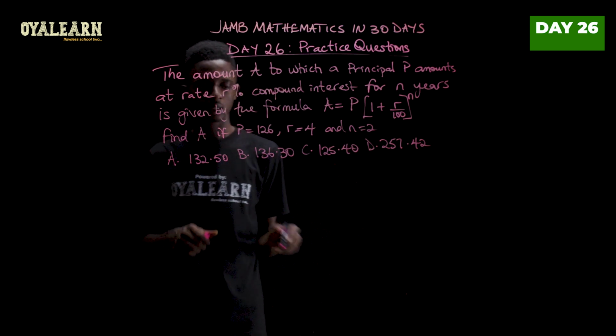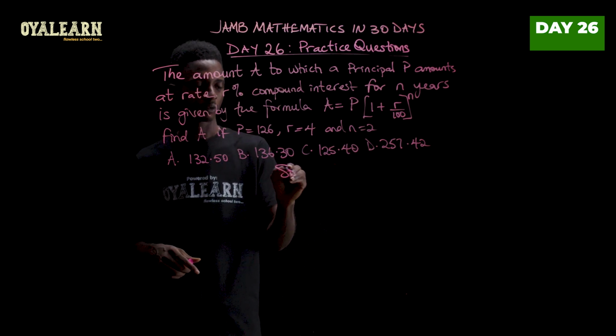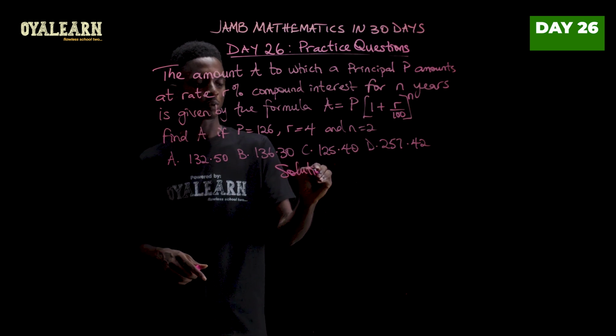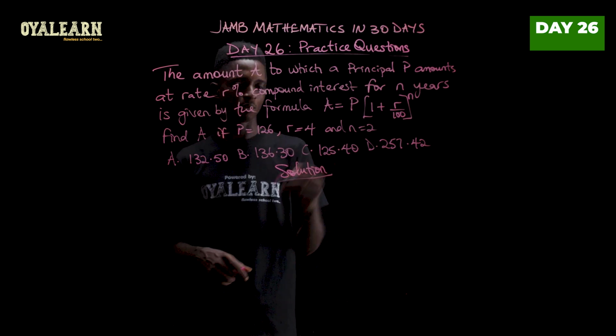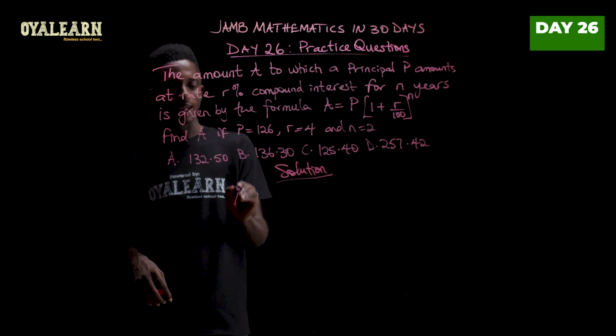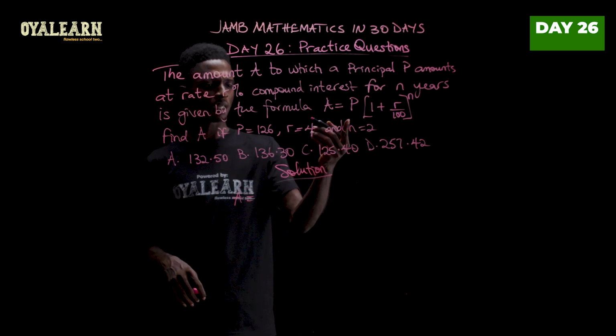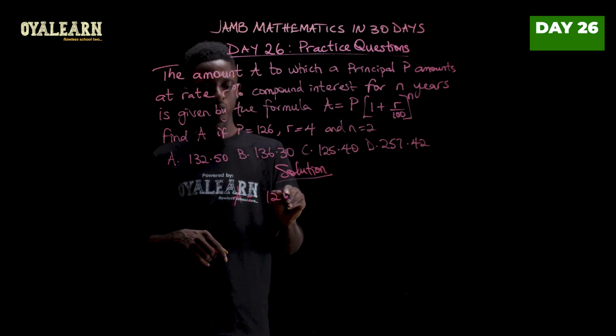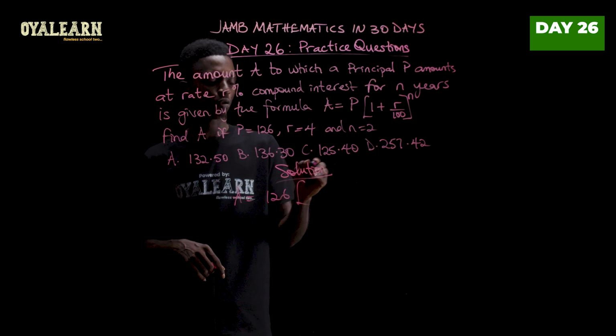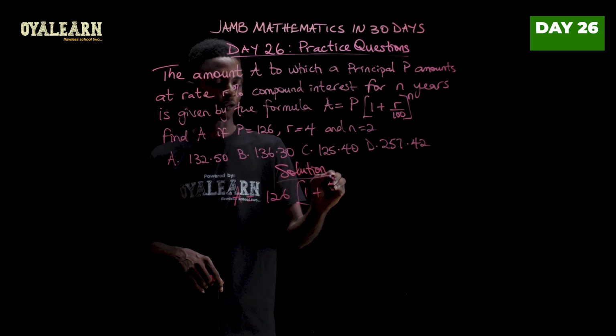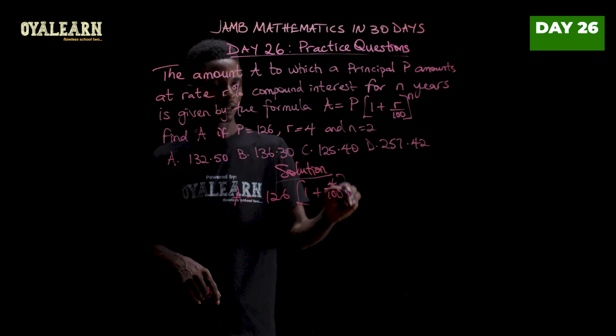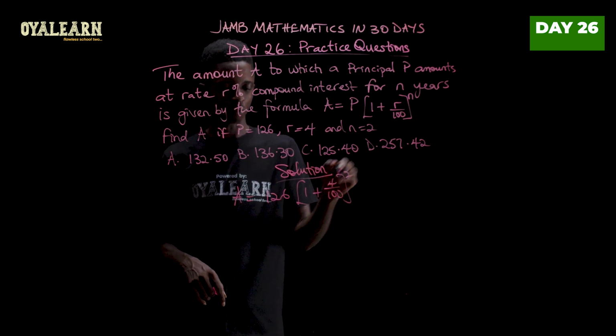So to solve this, all we need to do is substitute the values into the formula. So A would therefore be P, which is 126, into 1 plus 4 over 100 to the power of n, which is 2.